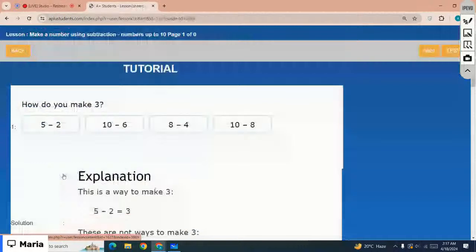How do you make 3? You are given 4 of the options. You need to select the one that makes 3.